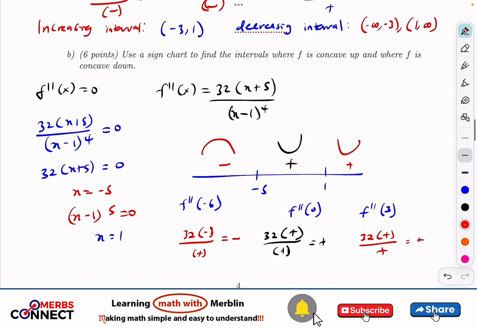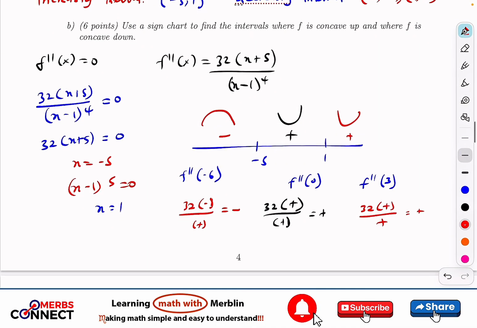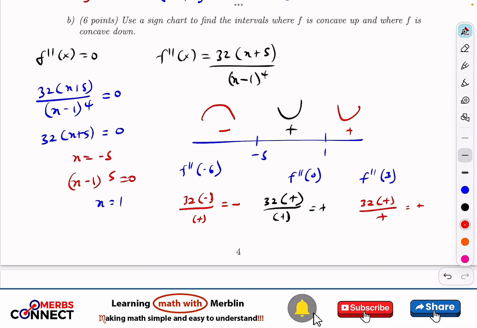So now the question is asking us to look for the intervals, right? Good. So here, let's look at the concave up interval. Concave up interval should be -5 to 1. Let's talk about concave down.